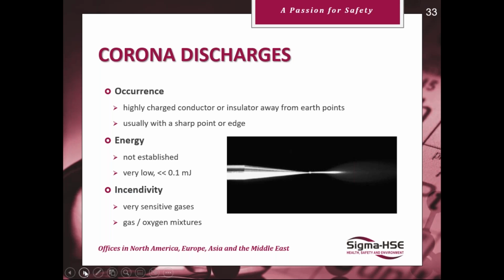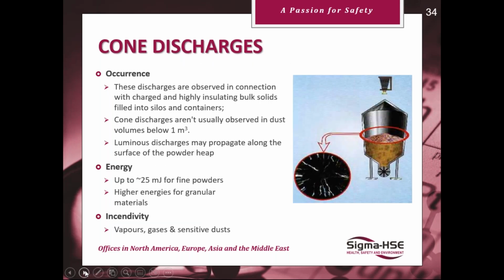So they're insulator away from earth points, usually with a sharp point or edge, very low energies, 0.1 millijoules, can ignite very sensitive gases or gas oxygen mixtures. Not too worried about it in industry. Cone discharges. These discharges are observed in connection with charged and highly insulating bulk solids.